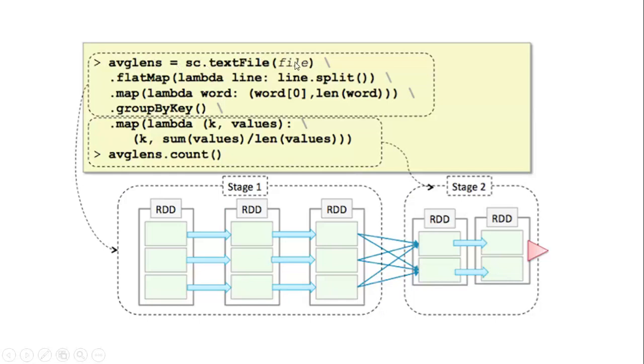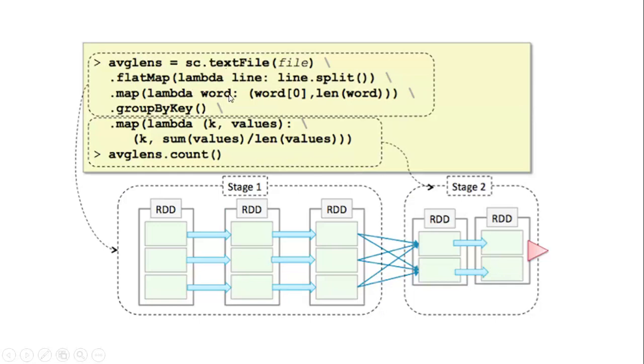You give this file name, and then you apply a flat map. This is the flat map function. All it does is take each line and split it into words. And then to the result of the flat map operation, you apply a map function, which is this lambda.